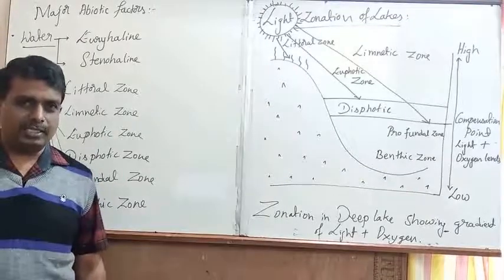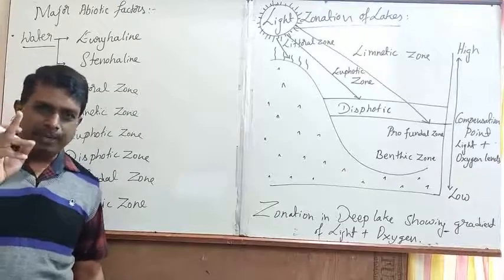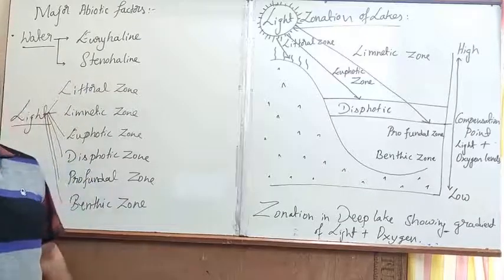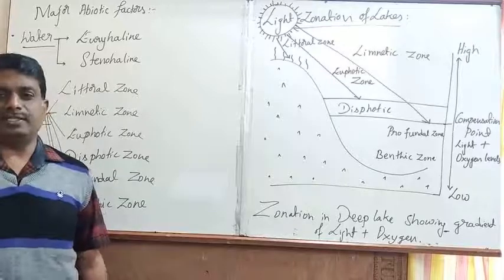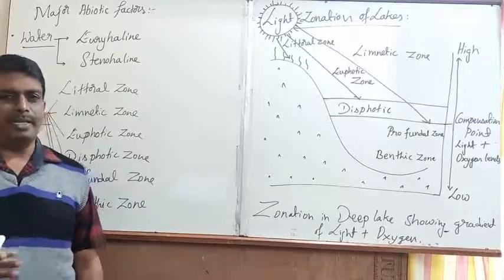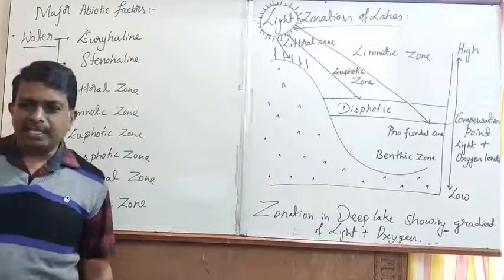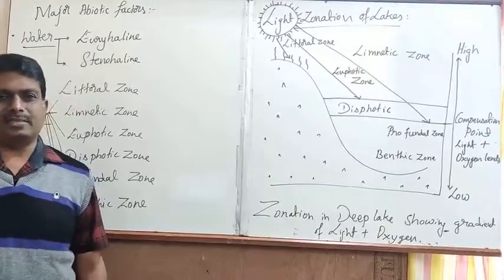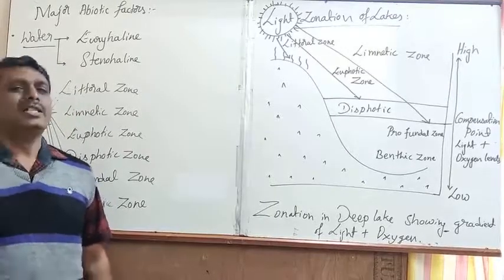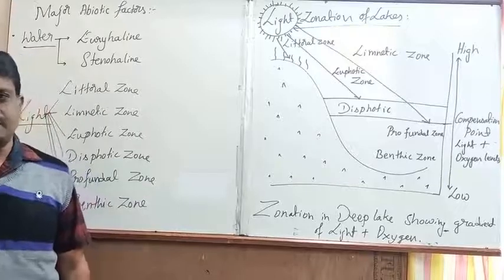Because of this unique characteristic feature, one of the biggest ecosystems on the earth's surface is the marine ecosystem. Salinity refers to the presence of salt concentration.